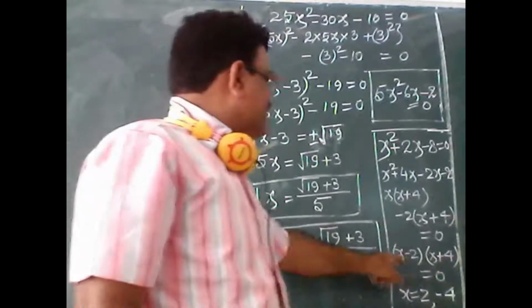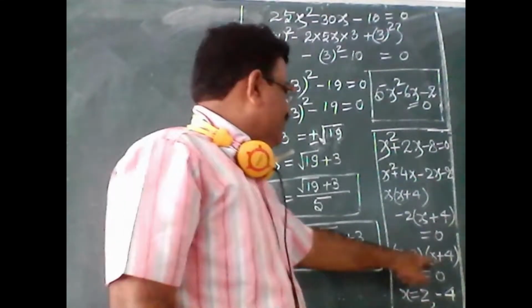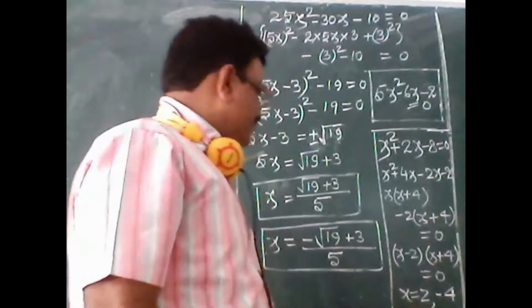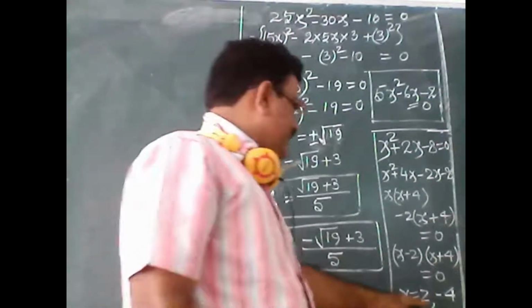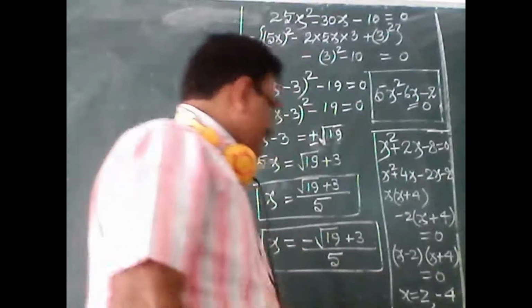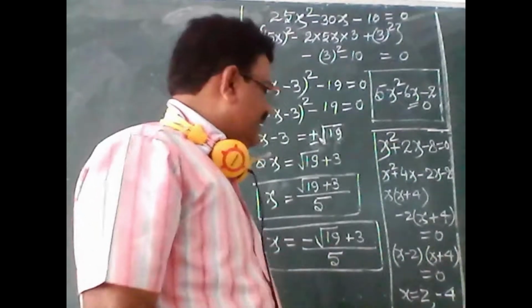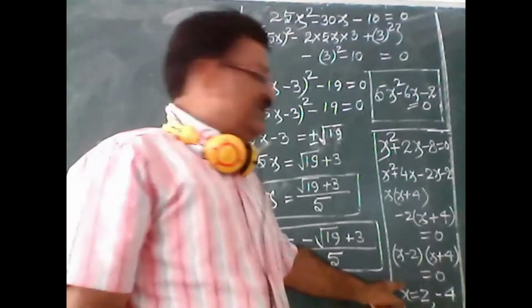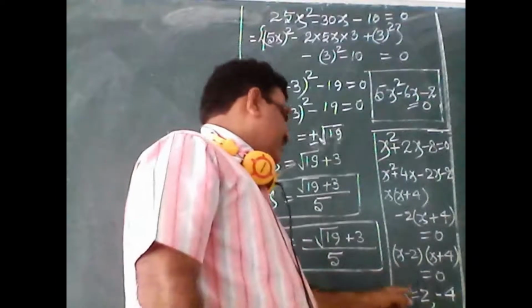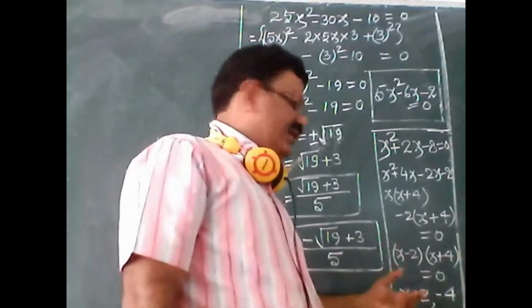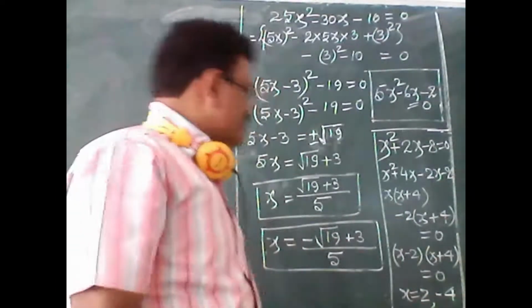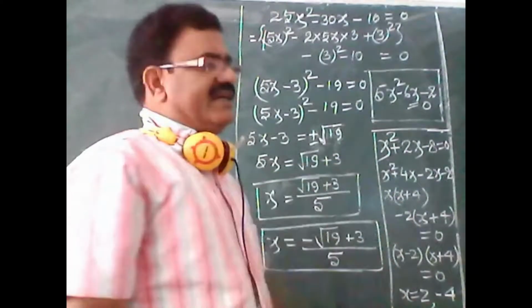So x minus 2 into x plus 4 is equal to 0. x can be obtained as 2 and minus 4. This is the factorization method, and very easily and simply we can obtain the solutions of these quadratic equations by factorization.